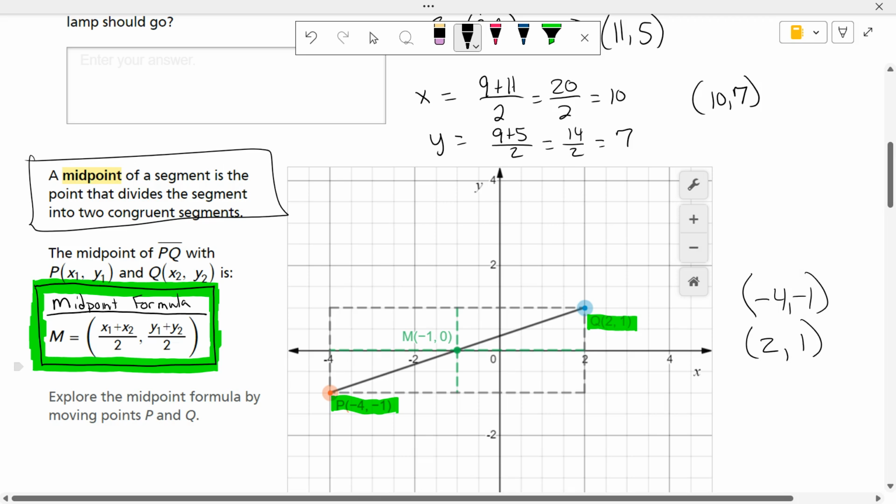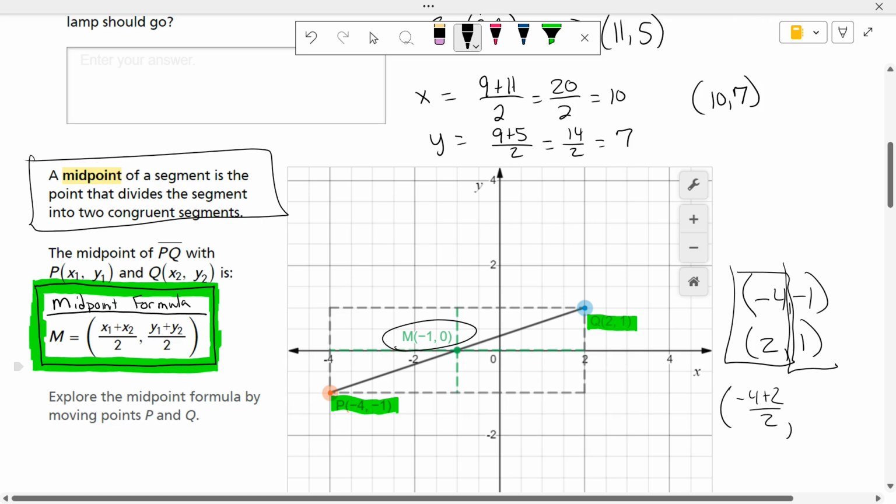So to find the midpoint, which they show is -1, 0, what we have to do is take the 2 x's. We put them together, -4 plus 2 divided by 2.